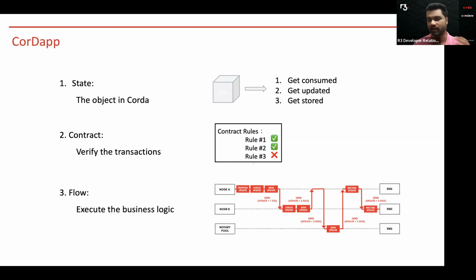So that's your business workflow, you can think of. That's how the state relates to the asset, the contracts relate to your business rules, and the flows relate to your business workflows. These are the three different components that you would build in any CorDapp. And then you have a client, obviously, which we'll talk about later on.